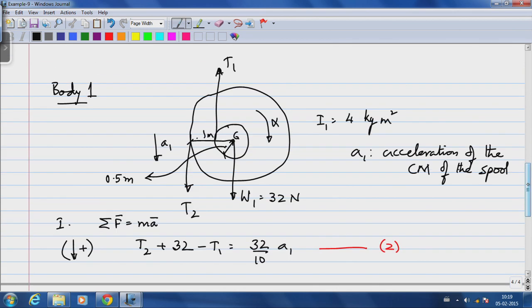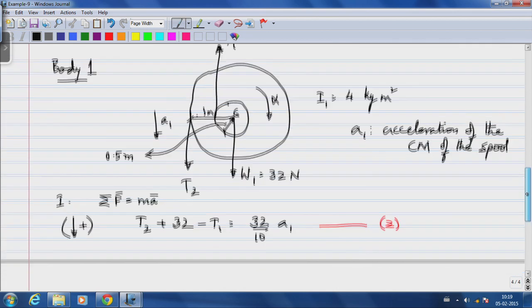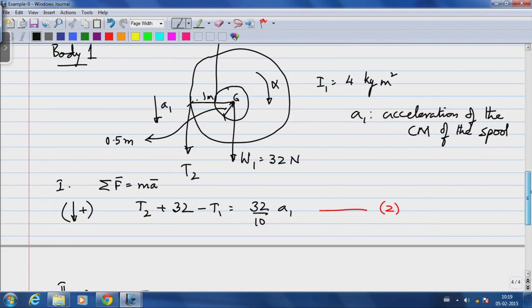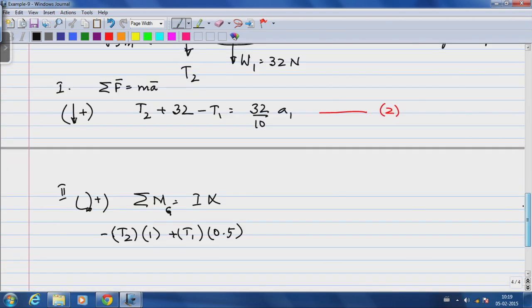T1 on the other hand produces a clockwise moment, so that would be T1 times 0.5. And the weight passes through the center of mass, so it does not create a moment, but I will still write that just for completeness.